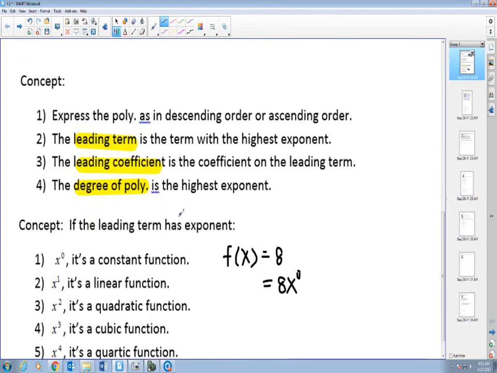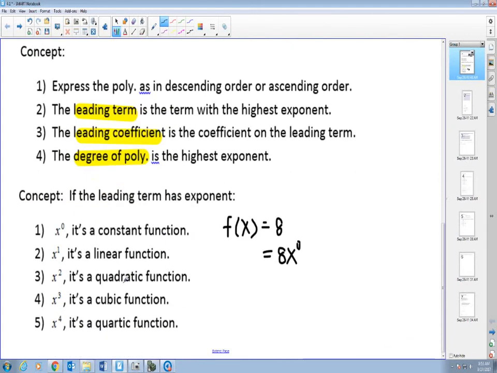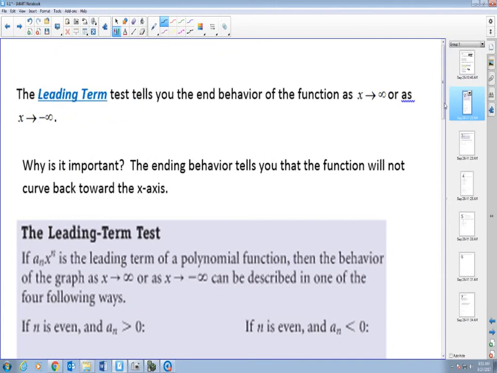Remember, in this particular section, all of these are polynomial functions. So in this video, we're not mentioning anything like a square root function, absolute value function, or rational functions. Alright, the idea of the leading term test.